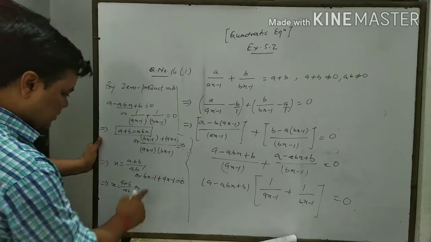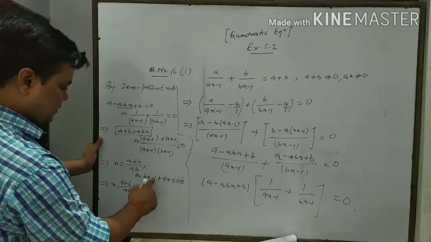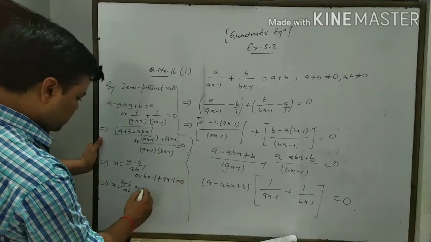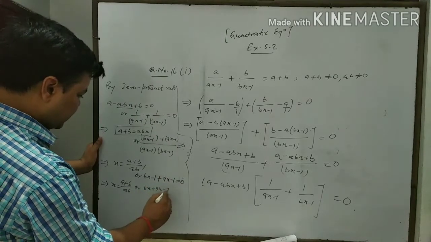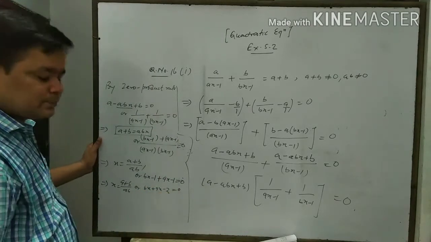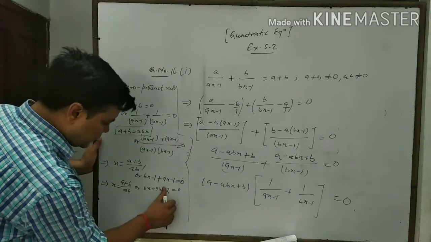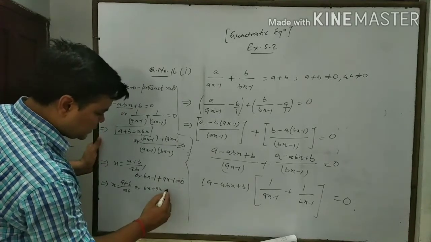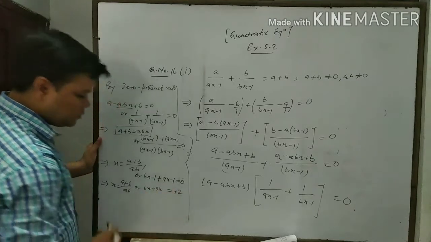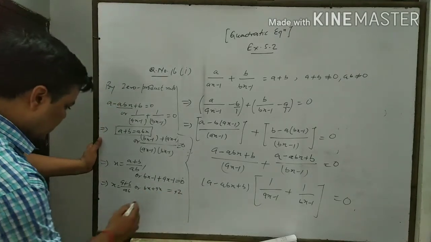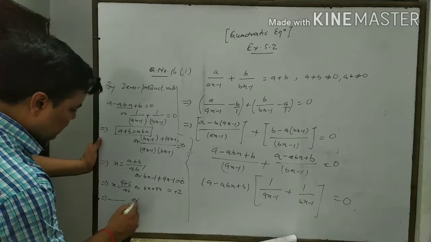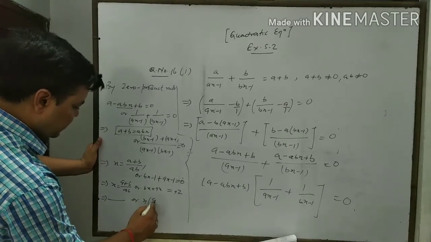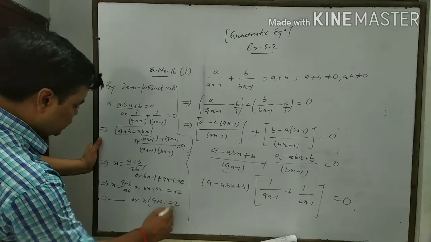Now what do we write? bx plus ax minus 1 will be minus 2. So we can write here bx plus ax minus 2 is equal to 0. Again we take minus 2 to that side, it will be plus 2. Take x common, it will be a plus b is equal to 2.